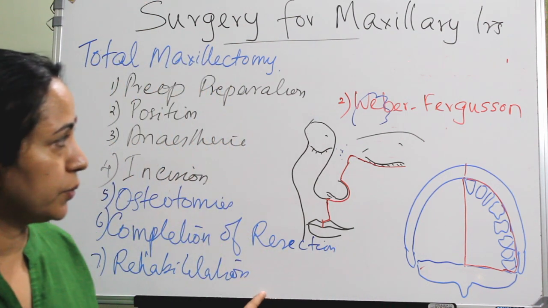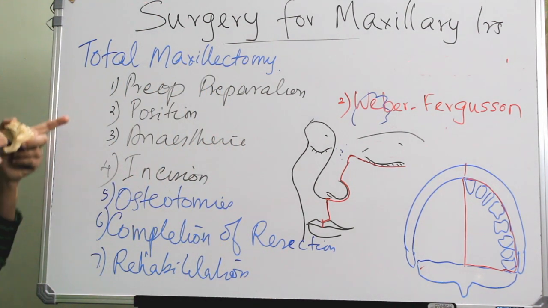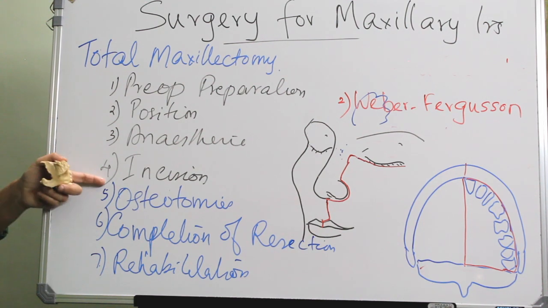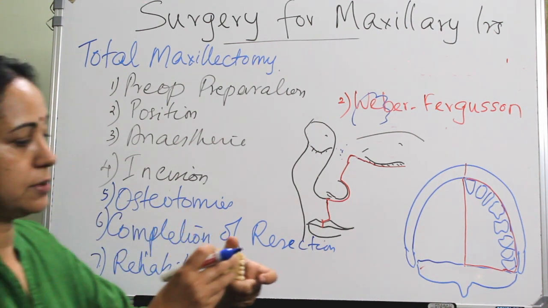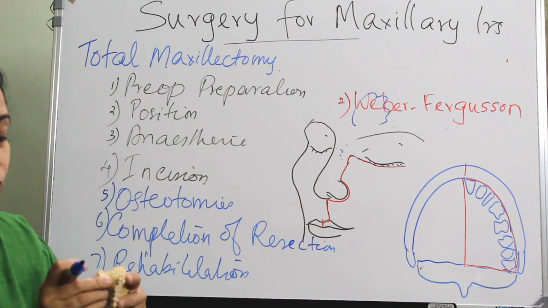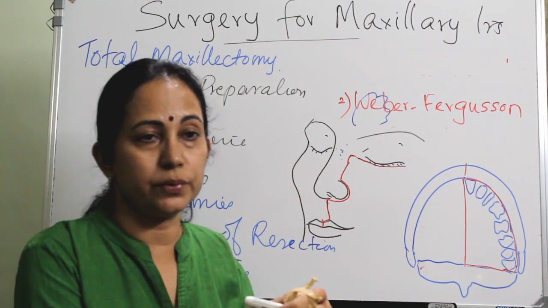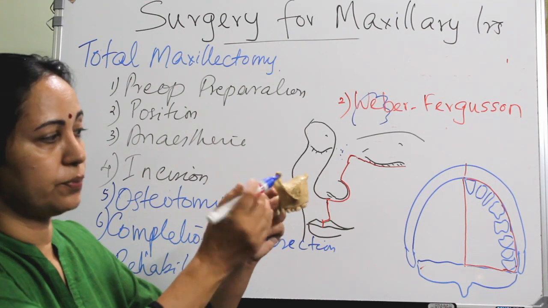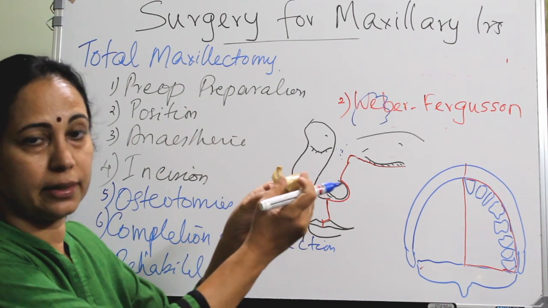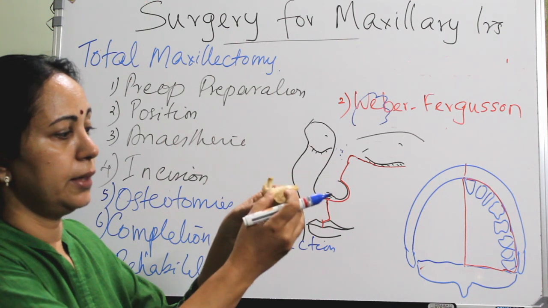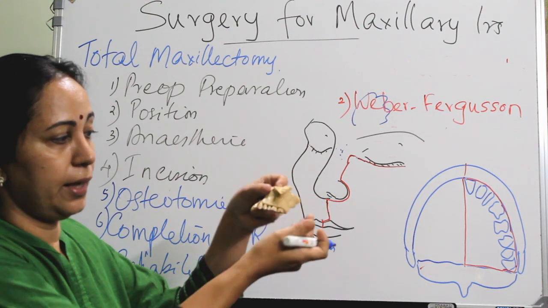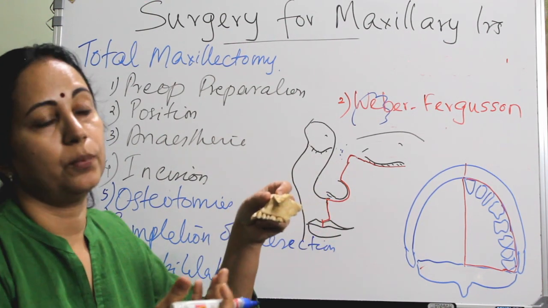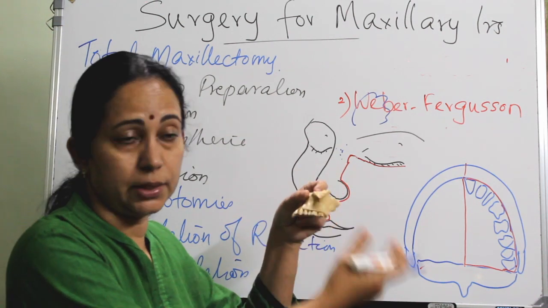So that is all about total maxillectomy. I told about the pre-op preparation, position, anesthesia, incision. Osteotomies, actually the osteotomy is difficult for many of the students. By looking at this, it will be easy. So here comes the frontal process of maxilla, laterally the body of zygoma, then the palate, and it is freed and mobilized posteriorly from the pterygoid plates.